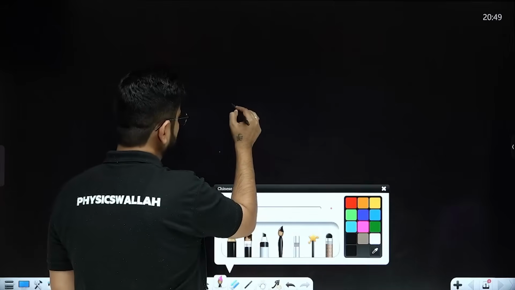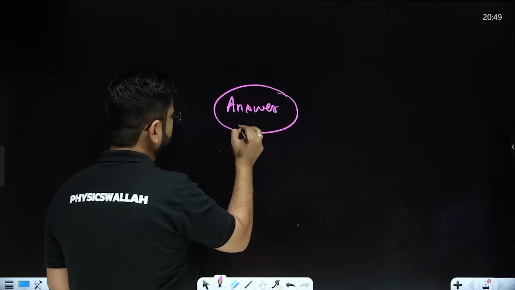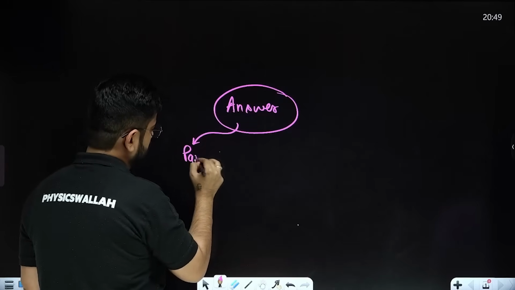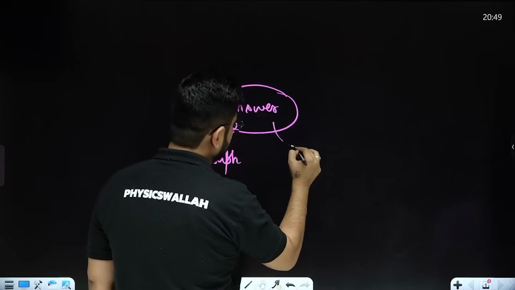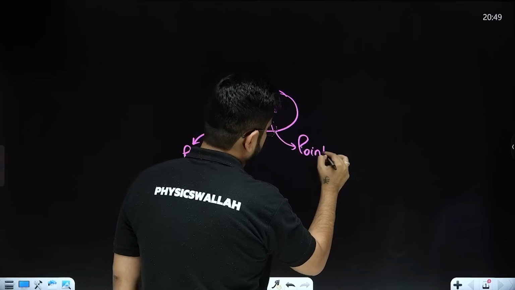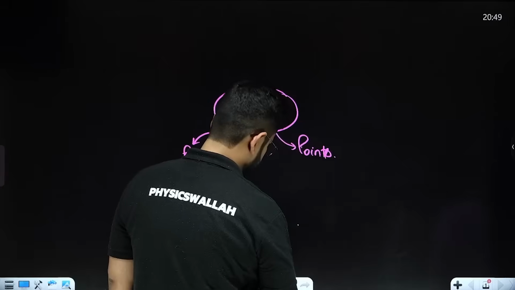UPSC answer: what is better? Should you go for paragraph or should we be writing the answer in pointers? Points. Yeah. So first of all, let's understand what the demand of UPSC is.